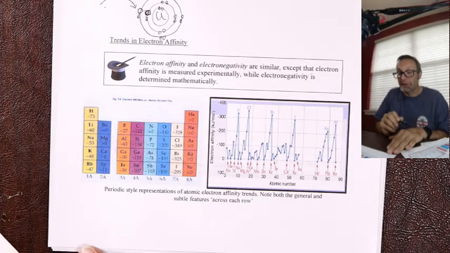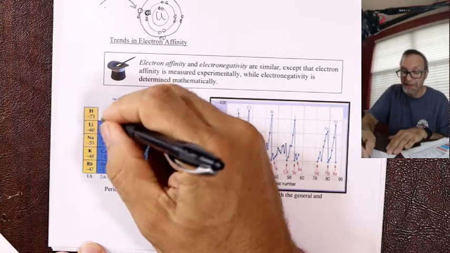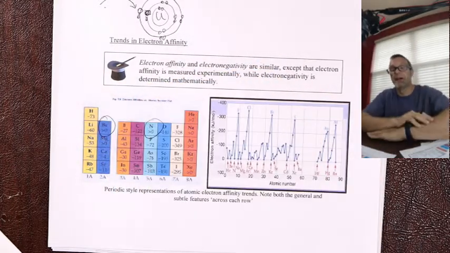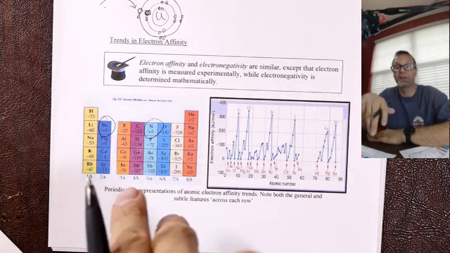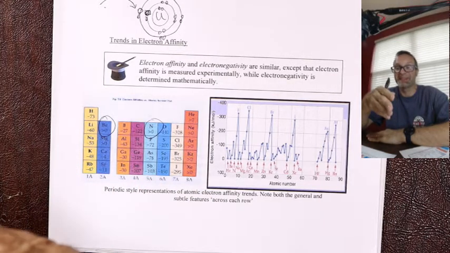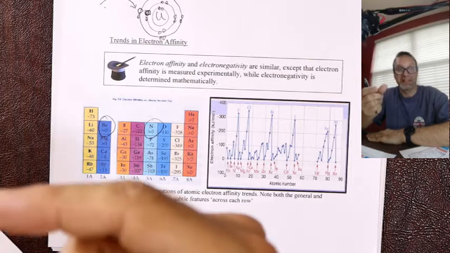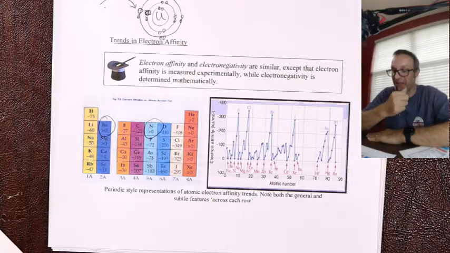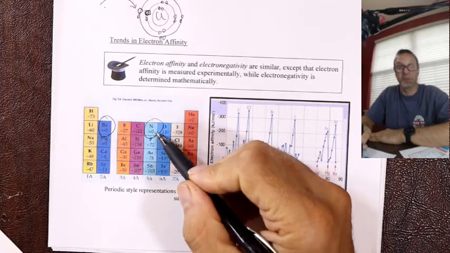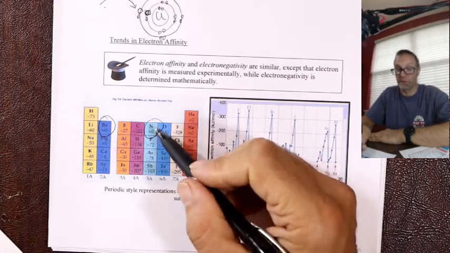Now we do see a couple of odd ones. Beryllium and nitrogen are essentially 0. Nitrogen, remember, has that half-full subshell, so it has empty spaces, but it doesn't want to spin pair electrons like oxygen. So it's not going to pick them up willingly, so to speak. Nitrogen is 0 for similar reasons we talked about with the nitrogen-oxygen pair.